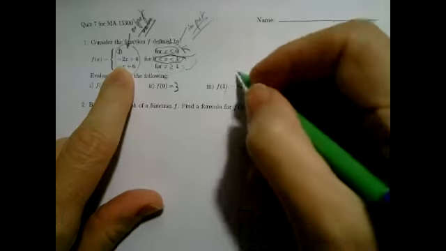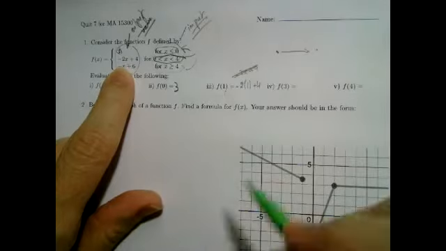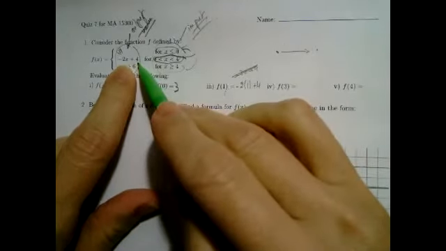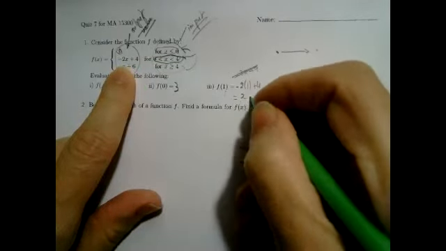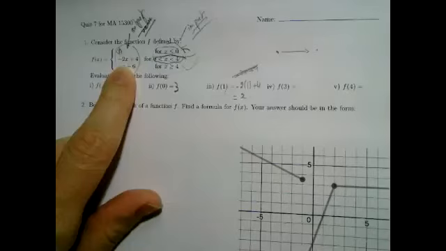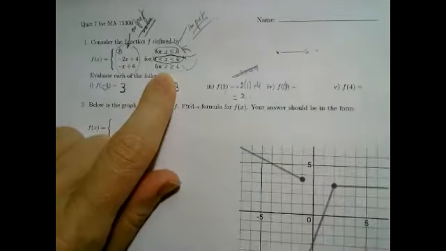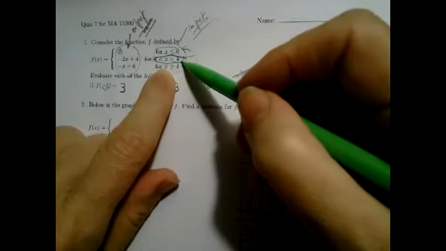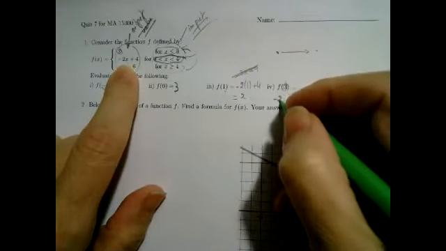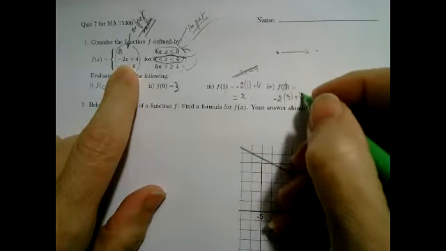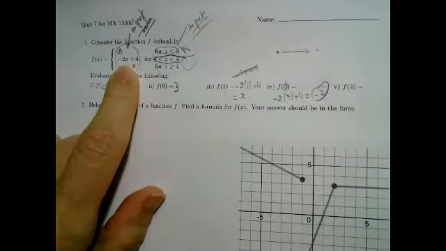Some students just wrote minus 2x plus 4, but that's the rule, and you have to plug in the 1, which gives me 2. Now f of 3. 3 is the input, and it's between 0 and 4. The rule for the output is minus 2 times 3 plus 4. Minus 6 plus 4 is minus 2.